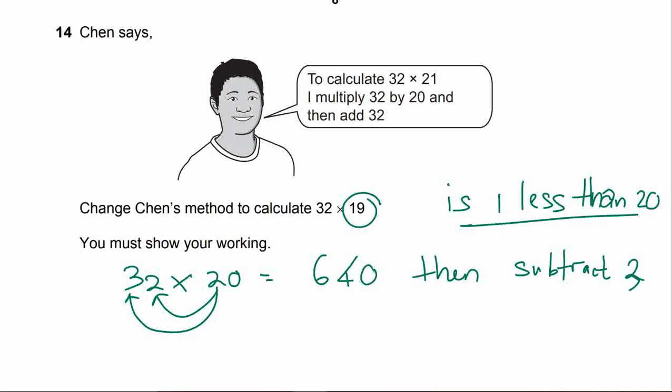We want 32 times 19 only, so we subtract 1 unit of 32. So we get 640 minus 32, and we get 608.